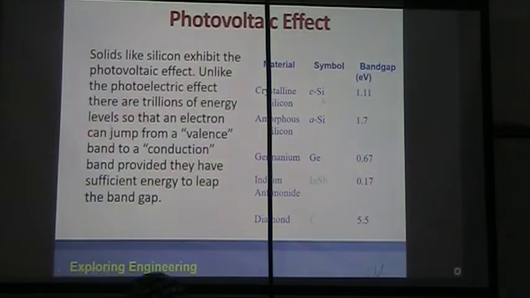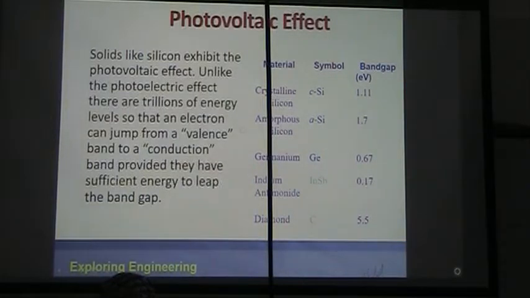Si is the symbol for silicon in the chemical world. The band gap is 1.11 electron volts for crystalline silicon.